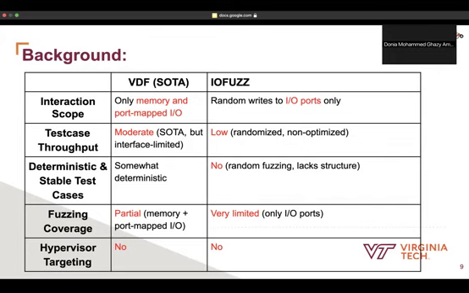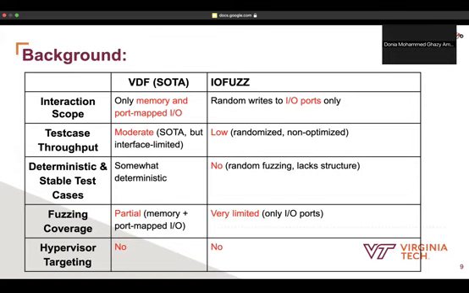IOFuzz, as its name suggests, is randomized IO port testing without support for any other core interfaces such as MMIO, DMA, hypercalls, and so forth. The test case throughput for VDF is moderate, and it is really low for IOFuzz. The stability of test cases is somewhat deterministic in VDF, and it is totally random in IOFuzz.